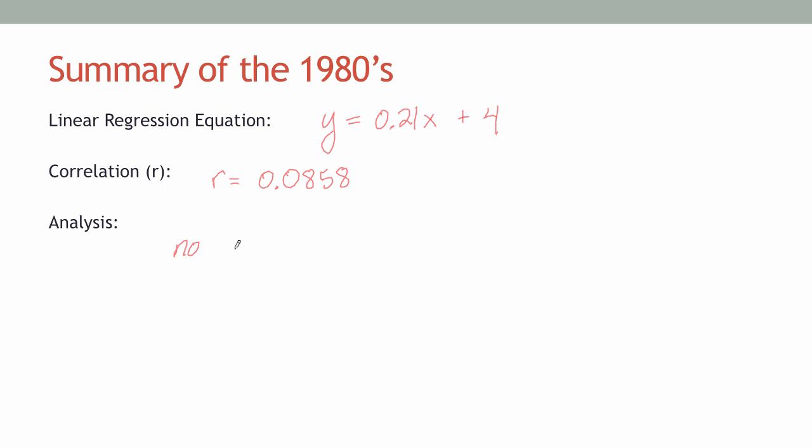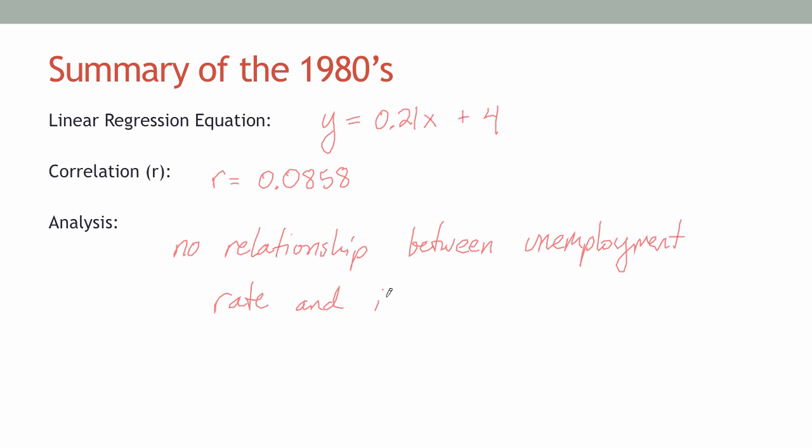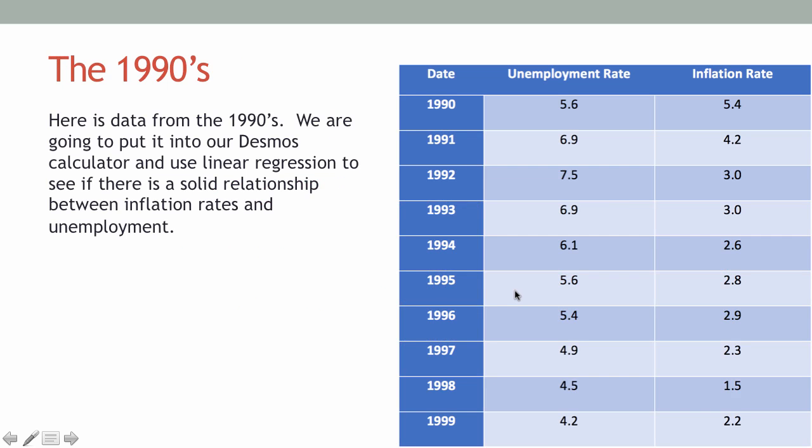I would say there is no relationship between unemployment rate and inflation. So as good as the 60s were, and it seemed to show a relationship, in the 80s it didn't work that way at all. Interesting.